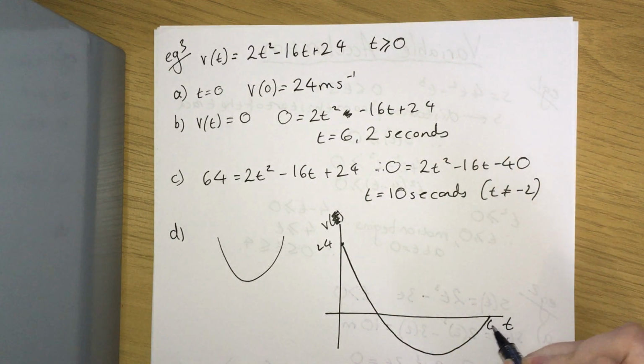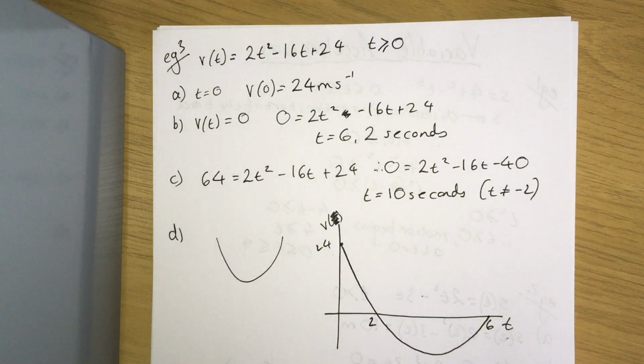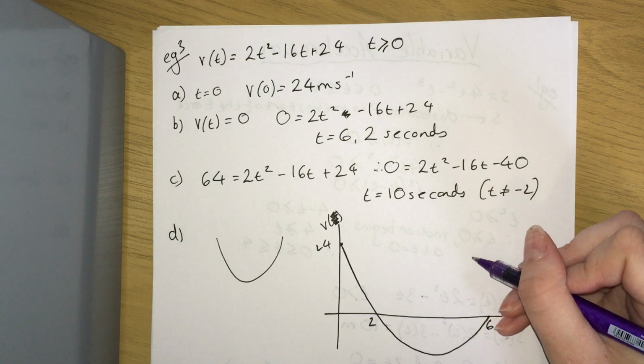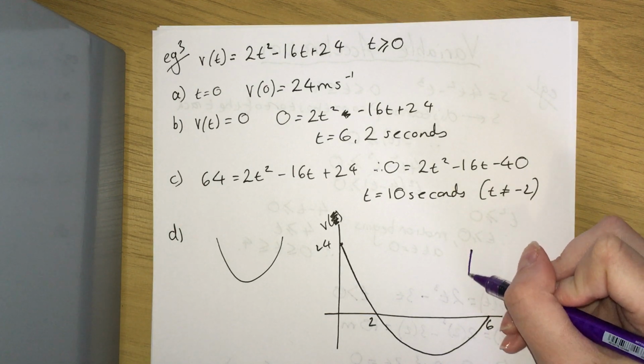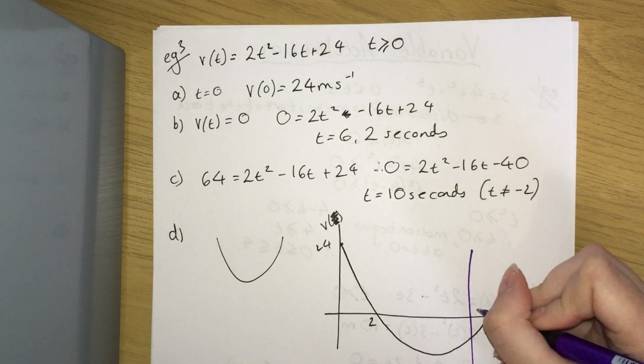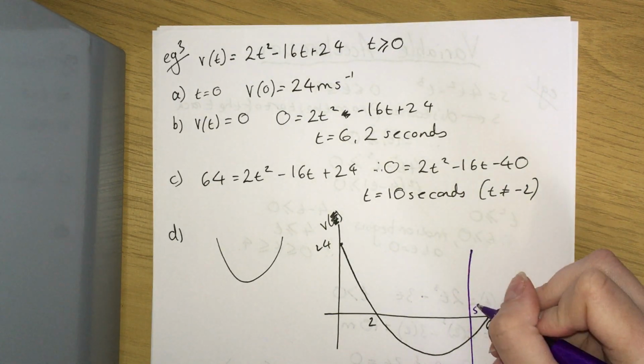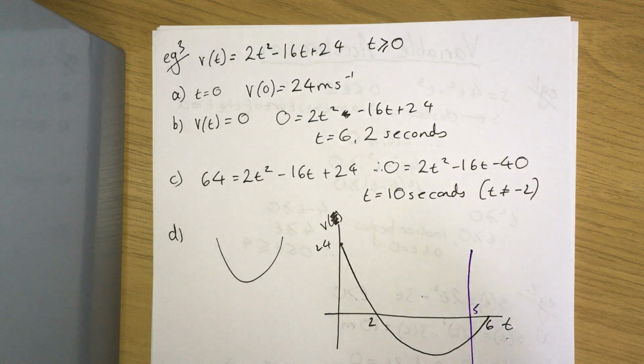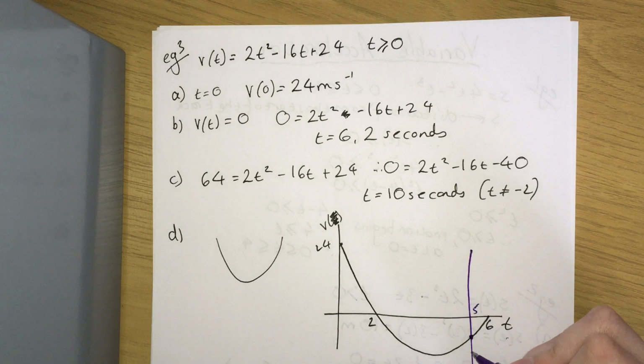Now, obviously, I'm only looking at my speed in the section between 0 and 5. Now, because we're talking about greatest speed, I do need to know what the velocity is at t equals 5.